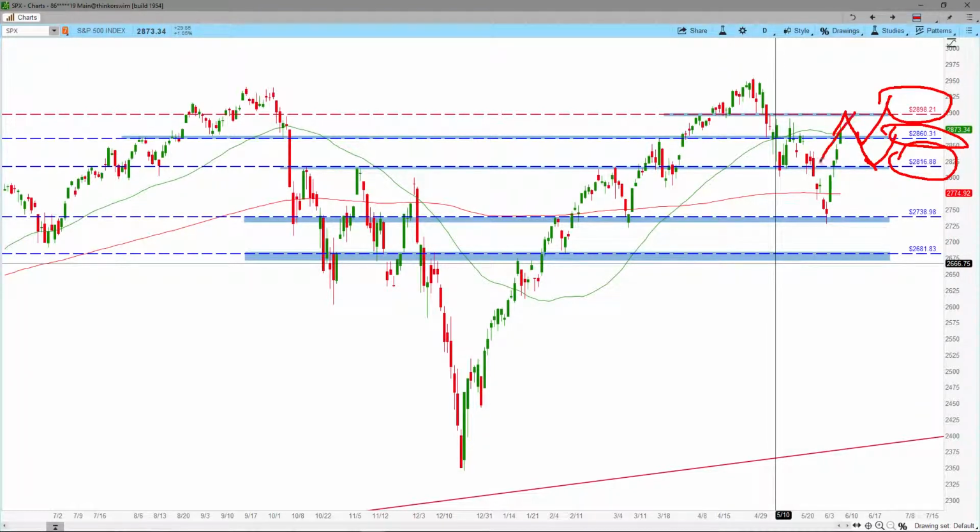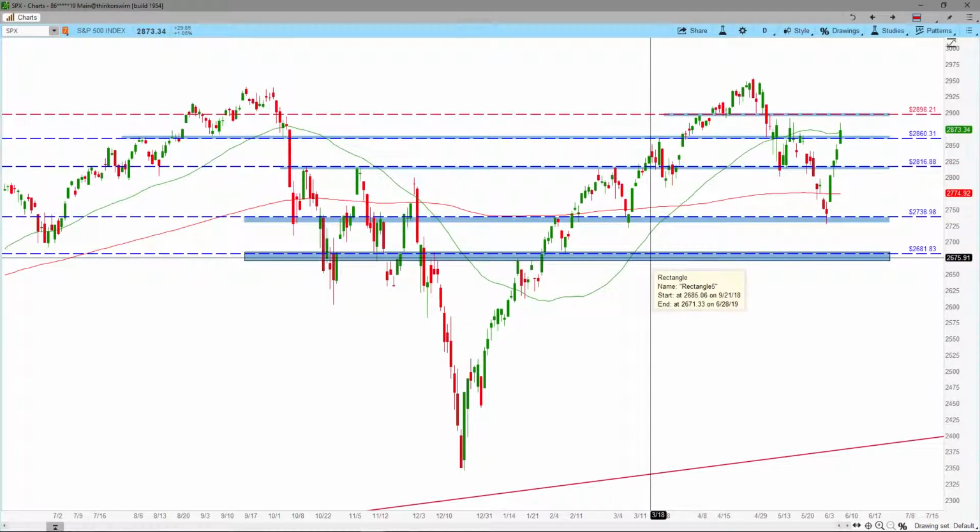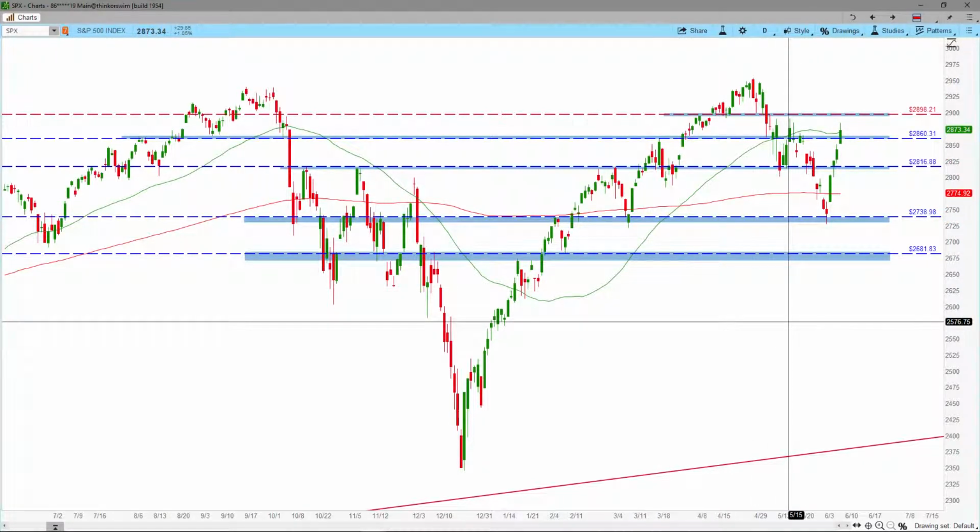That would be the 50% retracement. If it doesn't get a bounce and comes back down, then it takes out the 38.2, then we're basically looking at 2738. Right, so that's one way to look at the S&P 500 using the Fibonacci extension and Fibonacci retracement tool.